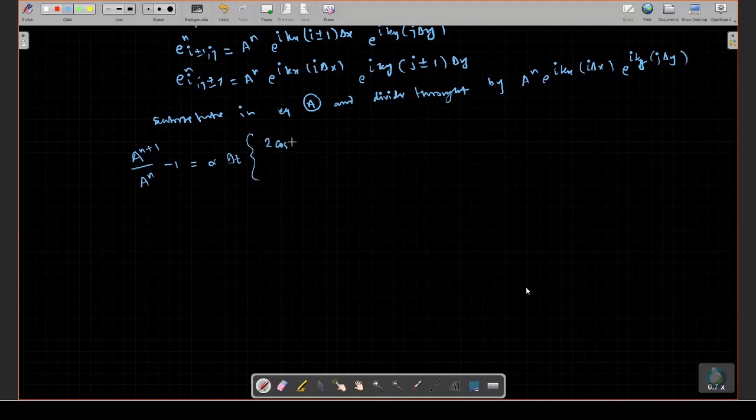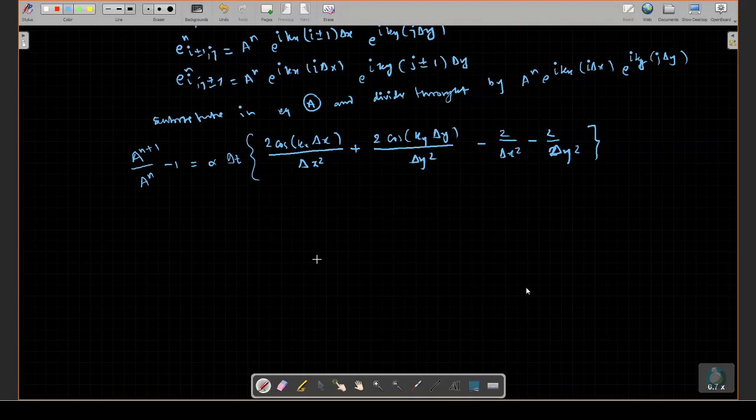Please do it at your place, maybe you can do it later. I'll just give you the result: κ_y, Δy square, minus twice Δx square, minus twice Δy square.